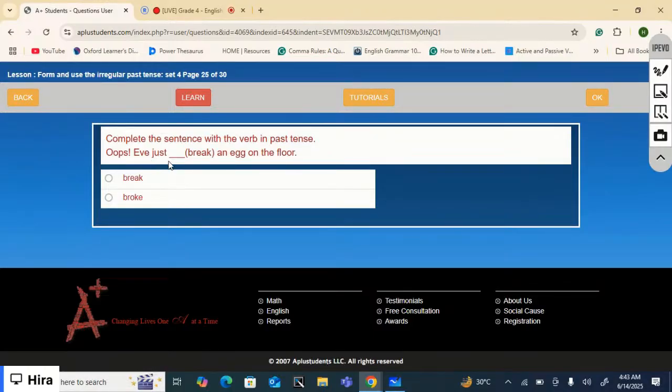Okay, so the correct answer is broke. Eve just broke an egg on the floor.